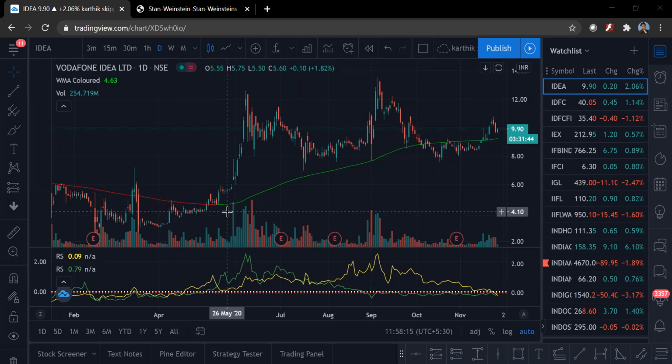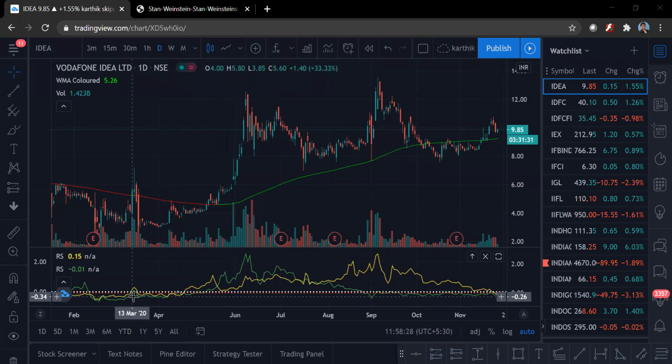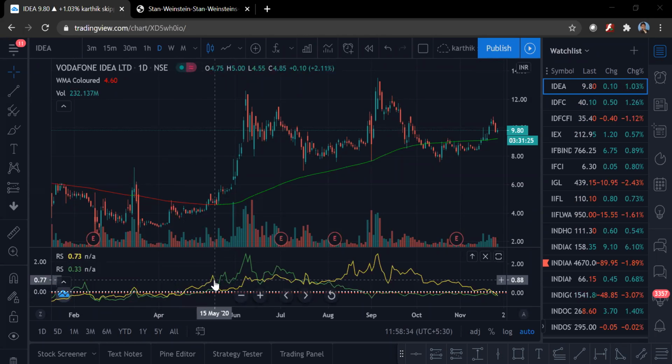The first time the stock went above the 150-day period WMA was here, but it did not sustain, and we did not have a clear entry from the RS either. The only time the RS gave us a signal that the stock is performing better than the index was over here.